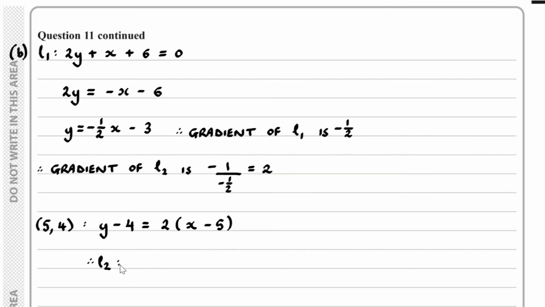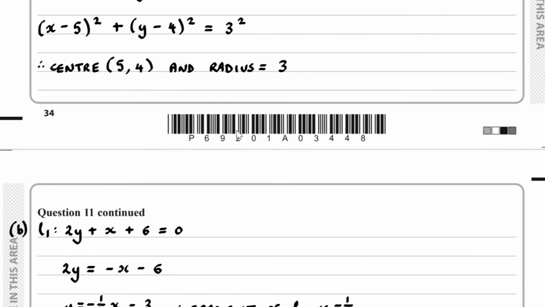So the line L2, we have y equals 2x subtract 6. So that is what L2 is.